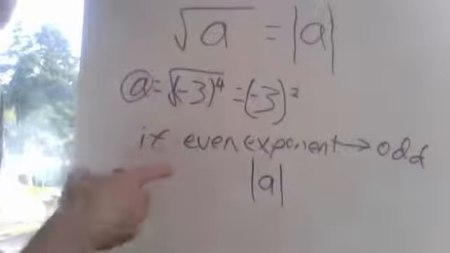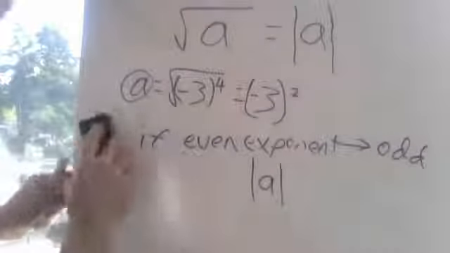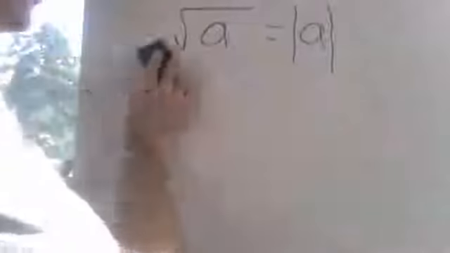Okay? So there's a little technicality. I'm going to throw it in, and hopefully we won't have to worry about it. So getting back to the last one, what you actually should have written was 8, absolute value of a, and then b times the square root of b. Okay? All right.